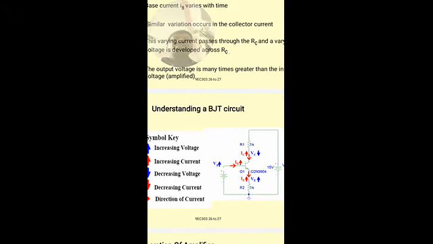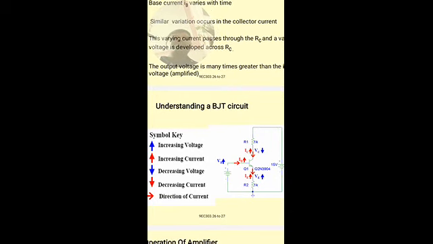When the input voltage VBE is increasing, the input current IB also increases. When VB increases, IB increases. So when IB increases, IC also increases.